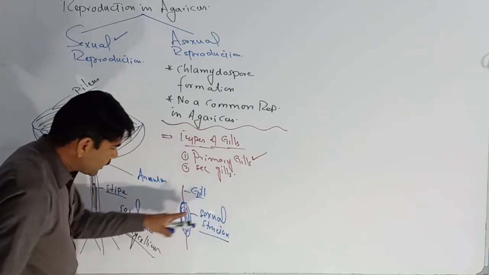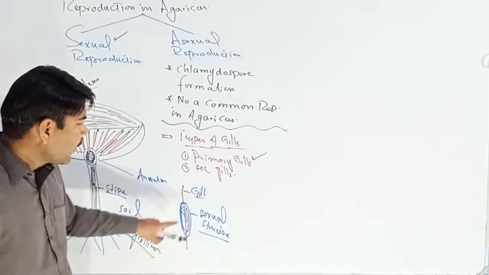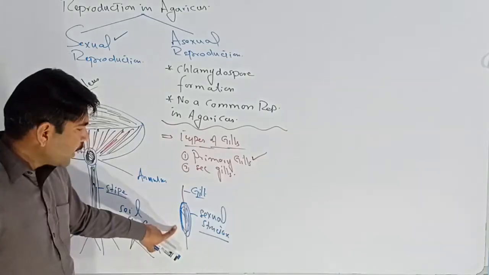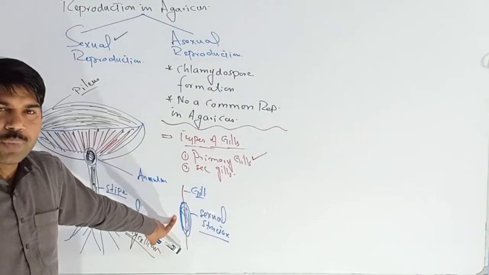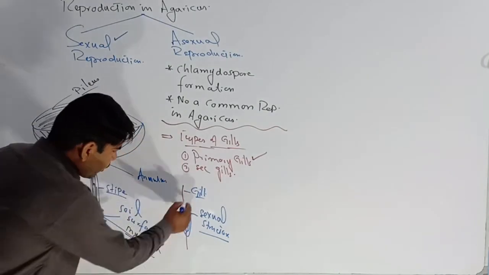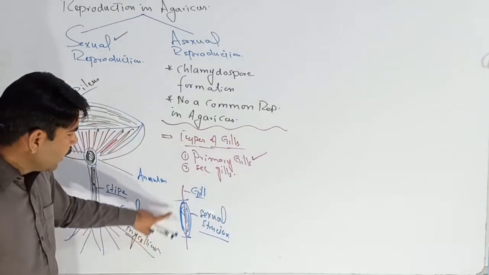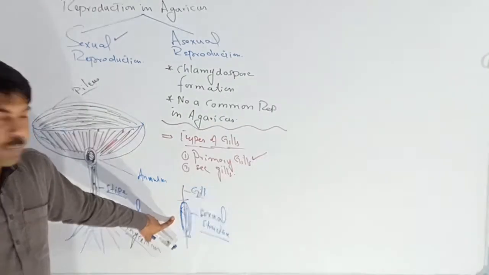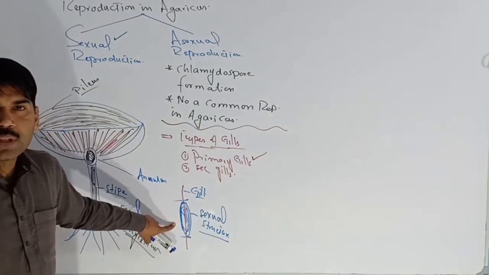It means these sexual structures are involved in the sexual reproduction. Which type of structures are present in this middle portion of the gill actually?